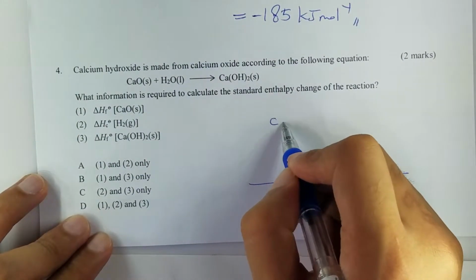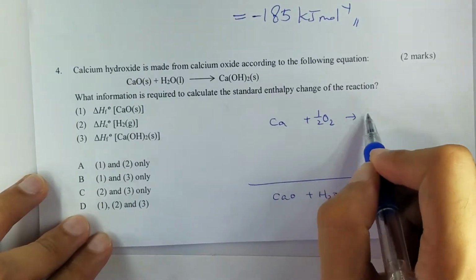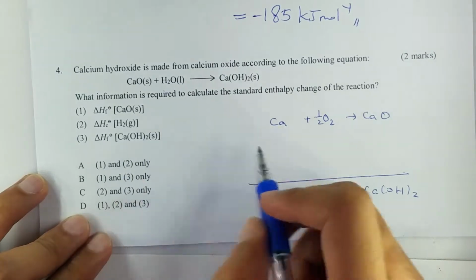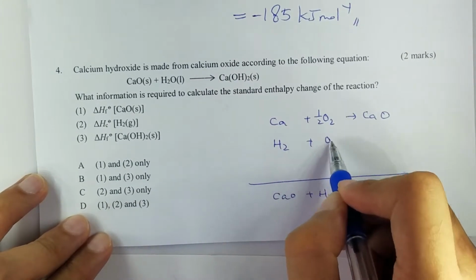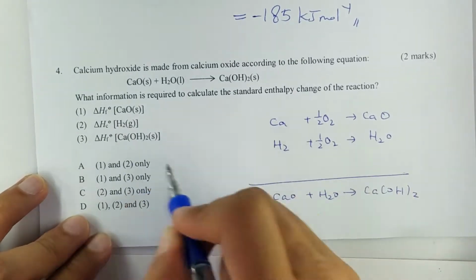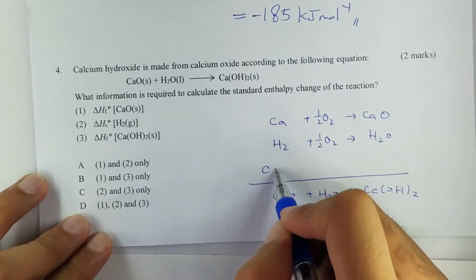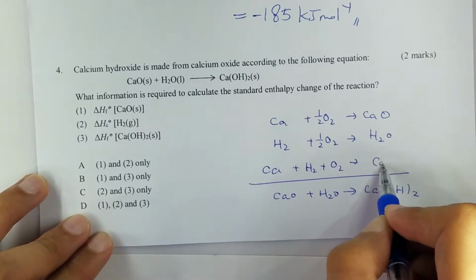So we need formation Ca plus half O2 equal to CaO. Next one is combustion, so H2 plus half O2 equals to H2O. And next one is formation, so we need Ca plus hydrogen plus oxygen will form Ca(OH)2.